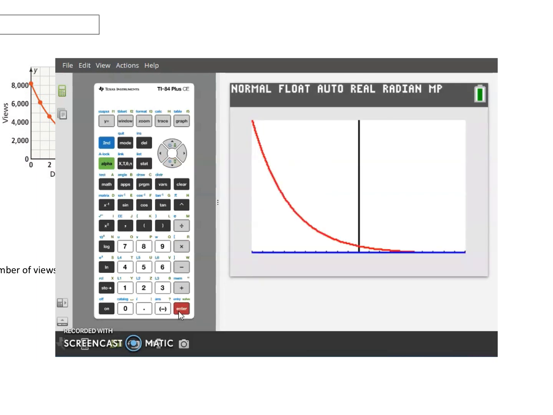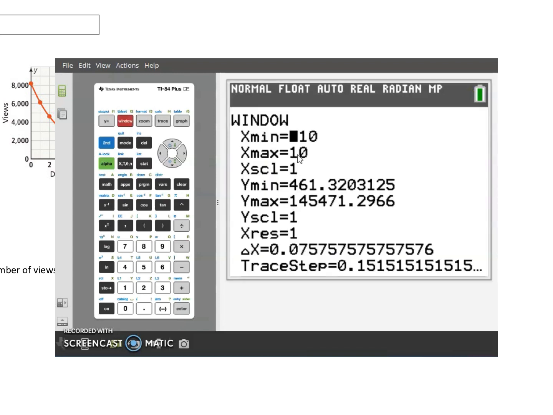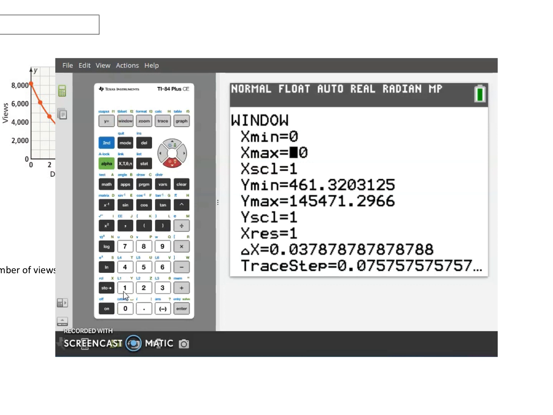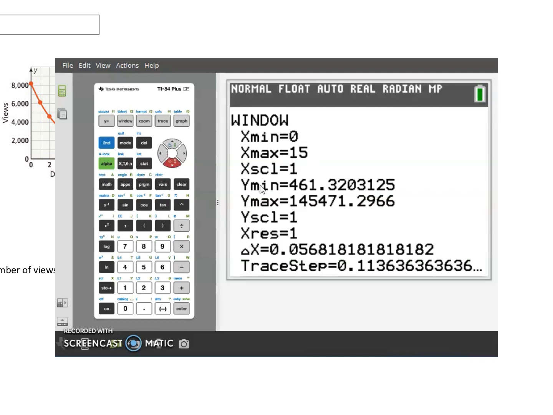Okay, well, now I can see a little bit more. Now I'm going to look at the window and I can see we're still at -10 to 10. Because x is our number of days, maybe I'll change that to 0 days, and then maybe I'll change this to, I don't know, 15 days? I don't really know what it's going to be. But we want the y. Remember, we're looking for that 1,000 line.